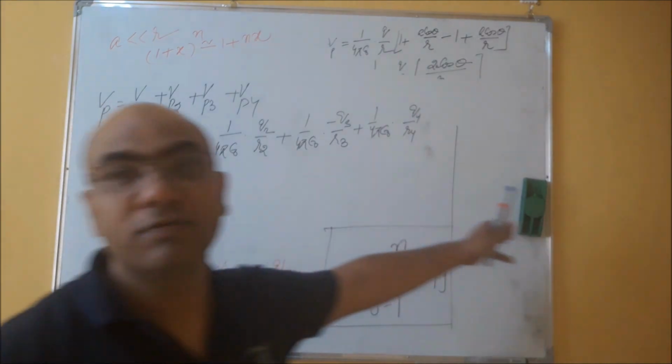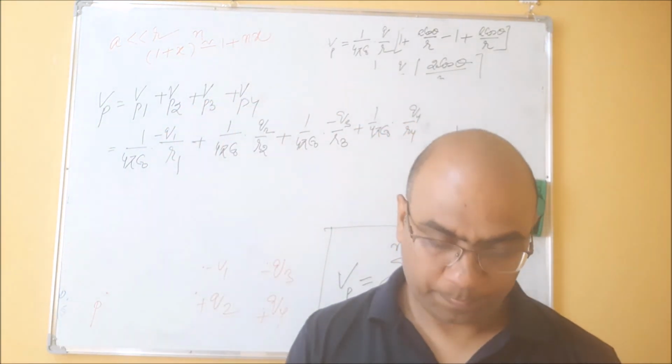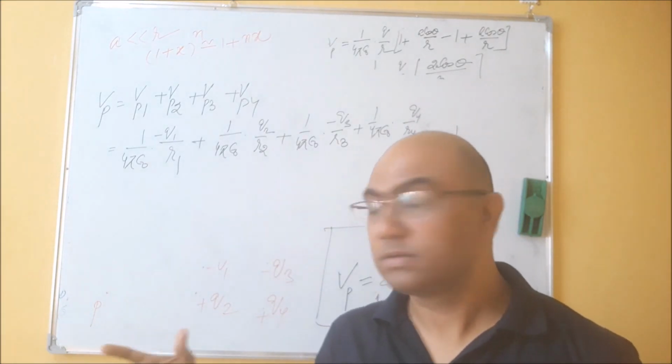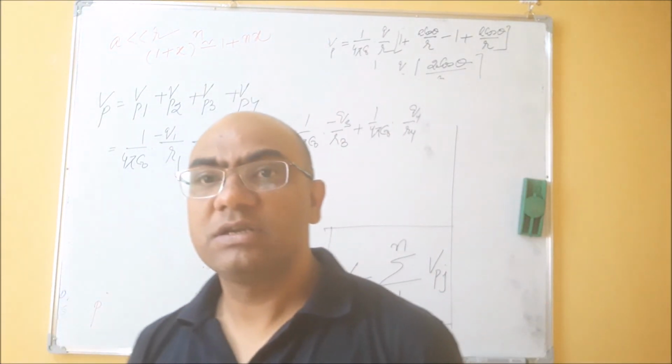When we solve this, we will get the overall value of potential at point P. Is it clear? I hope the concept of multiple charges placed in space is clear to you.